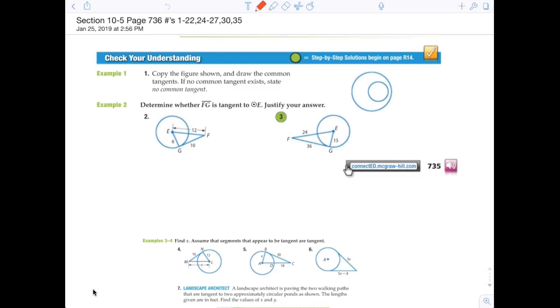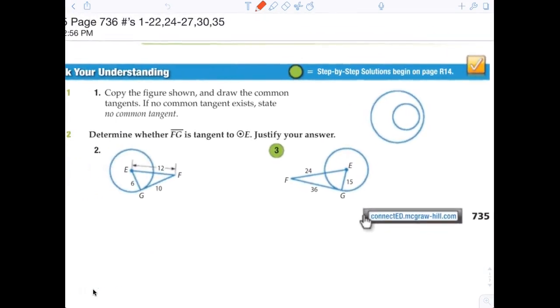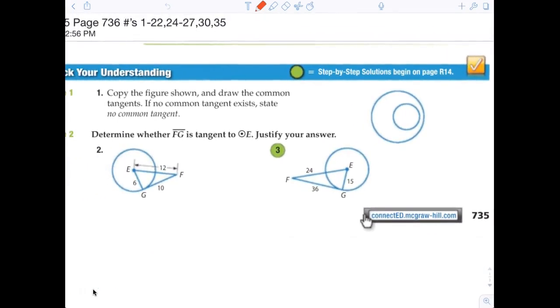So here we go. Now here, it says copy the figure and draw the common tangents. If no common tangent exists, state no common tangent. Now, tangent has meaning in trig, and it also has meaning in calculus, and in geometry.